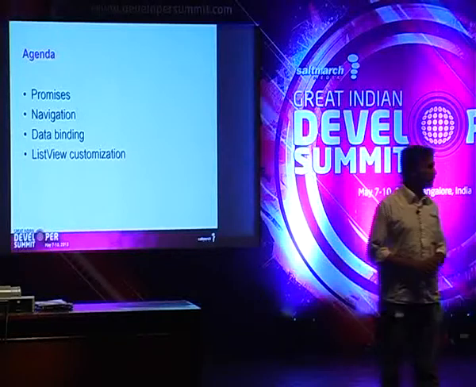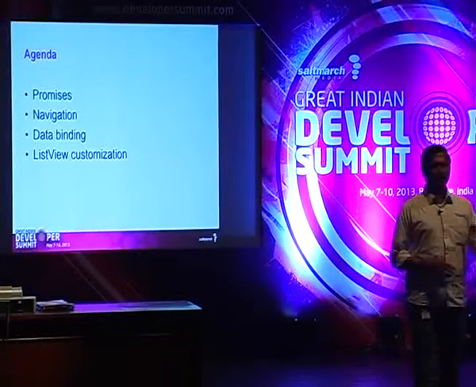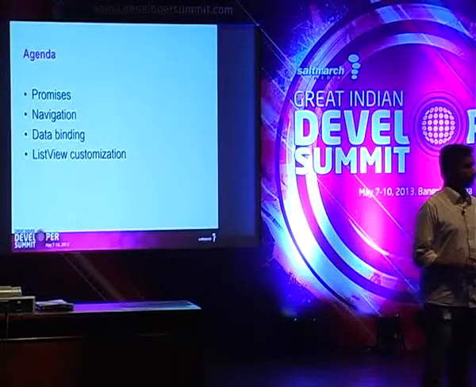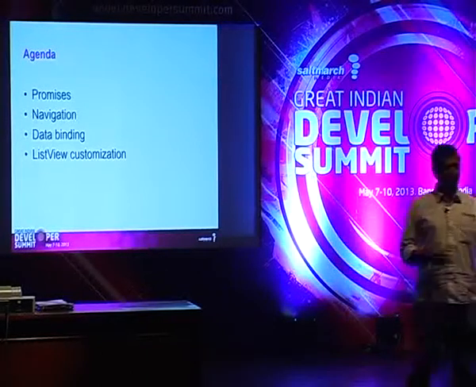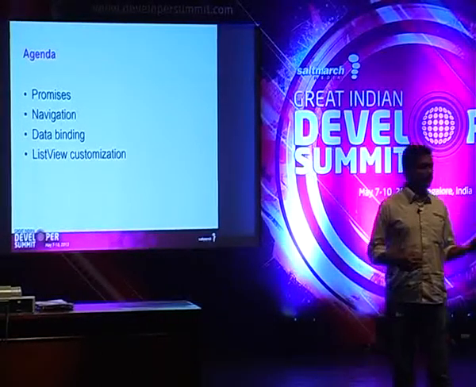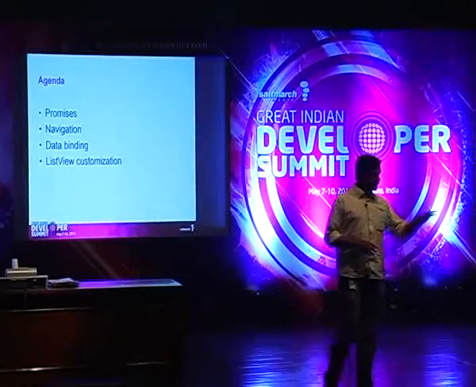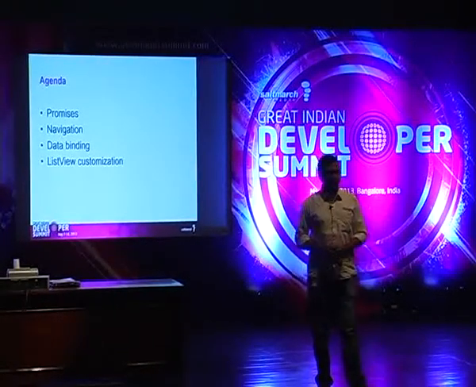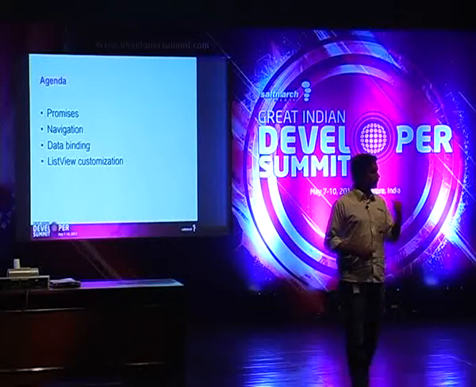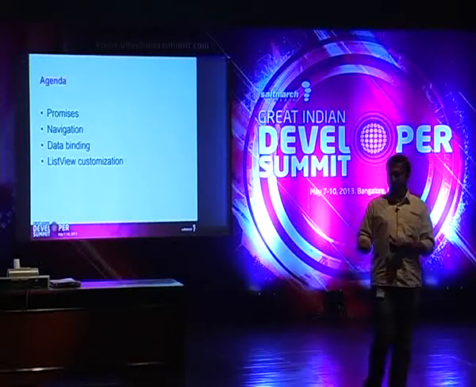It should not happen on the user interface thread. And many of the APIs in the Windows runtime itself do that. In fact, the guidance is if any operation takes more than 50 milliseconds, don't do it on the UI thread. Do it in a background thread. So promises is an abstraction in JavaScript that allows you to deal with asynchrony in a very elegant fashion.